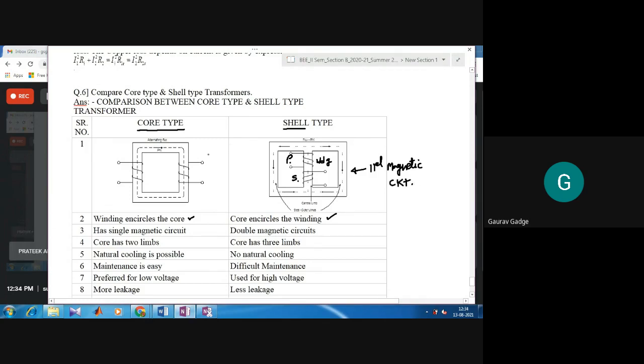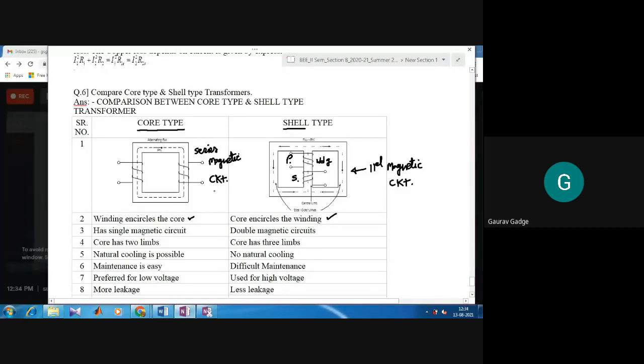This is the type of series magnetic circuit. Series magnetic circuit means it is similar to the series electric circuit.